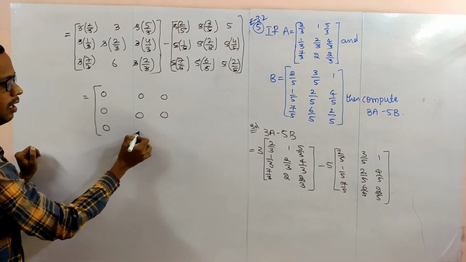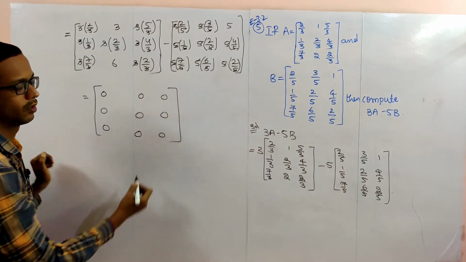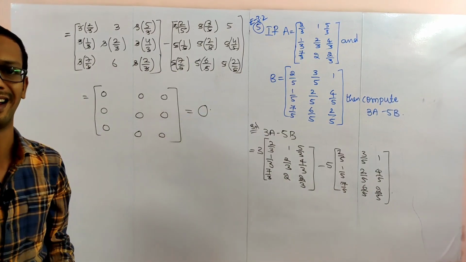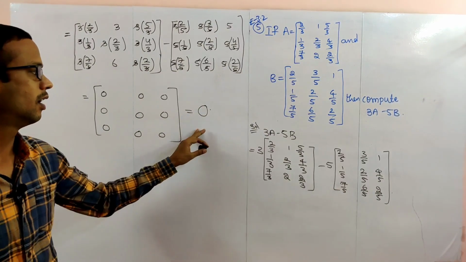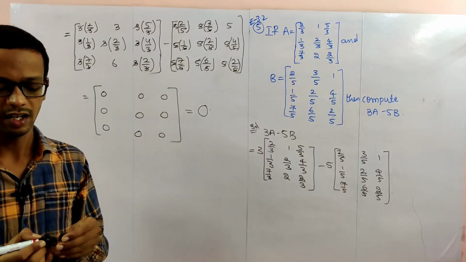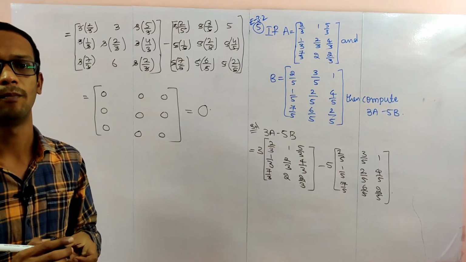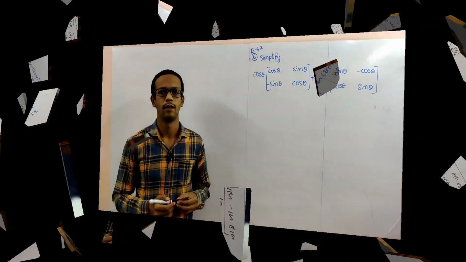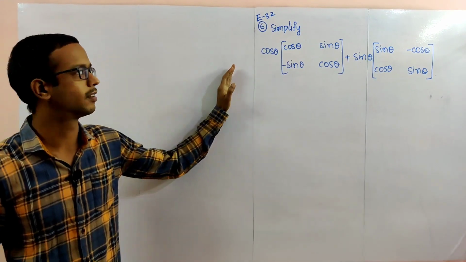Total, if you make, answers 0, 0, 0. 0, 0 is nothing but O. 0 matrix. Answer is 0 matrix. 3 by 3, order 3, 0 matrix.